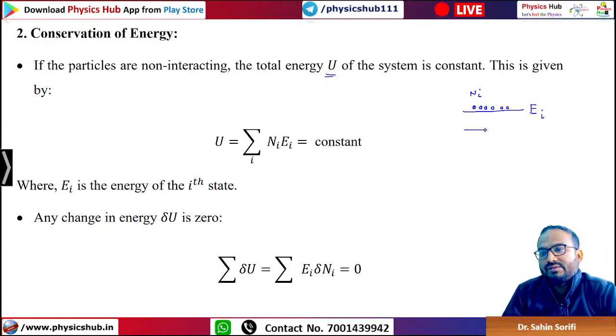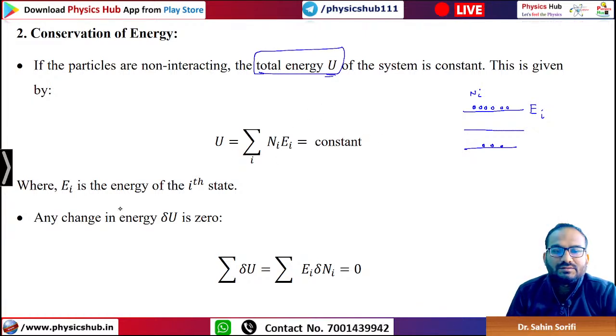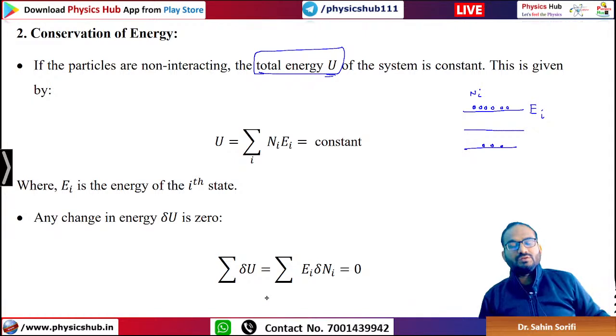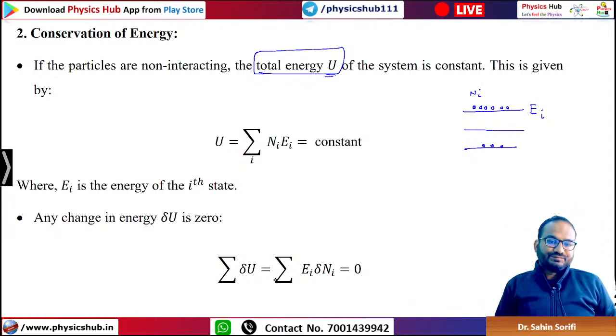In a similar manner, we have different energy levels and different particles. If you multiply and add, you get a constant. That summation is the total energy. And as it is enclosed in an isolated system, the change in energy will also be 0. Delta Ni is 0, so the overall sum is also 0.